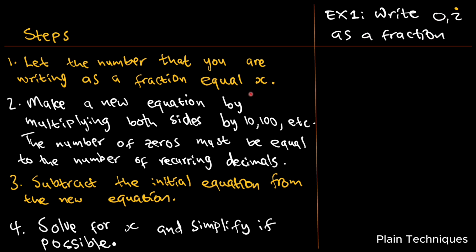Okay, so these are the steps that we are going to follow to ultimately write that whole recurring decimal as a fraction, right? Now, let's look at step number 1. Let the number that you are writing as a fraction equal x, right?